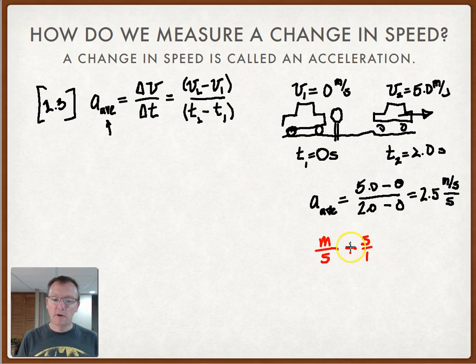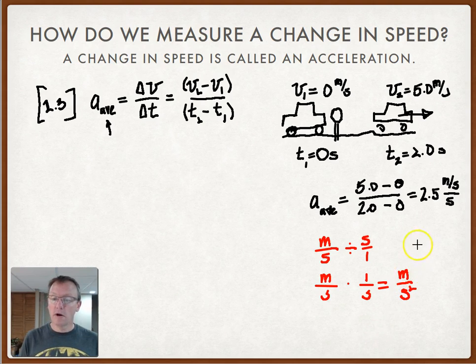Now if you remember how to divide fractions, you can't really do it this way. So what you end up having to do is change this to multiplication and then take the reciprocal. And so we end up with meters per second times 1 over seconds. And so the simplified, lazy way of writing it is meters times 1, which is meters, over seconds times seconds, which is seconds squared.